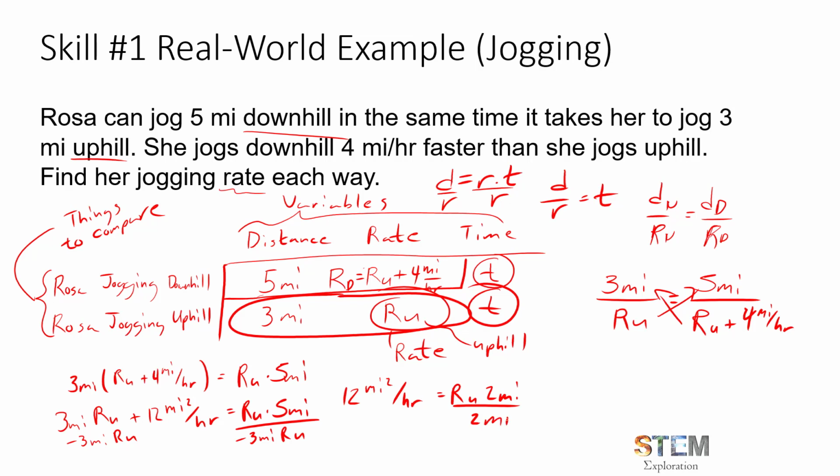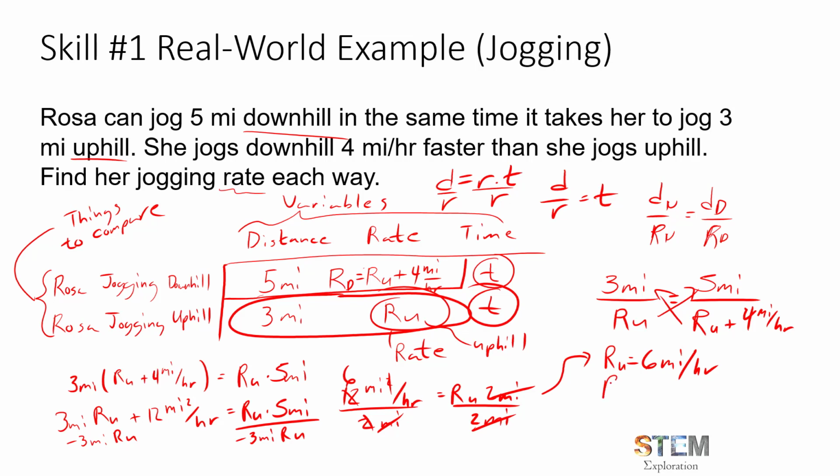I'm going to divide both sides by 2 miles. The miles will cancel. That'll reduce this to a 6. Those will all cancel. And RU, so the rate running uphill, will equal 6 miles per hour. Okay, that's the RU there.